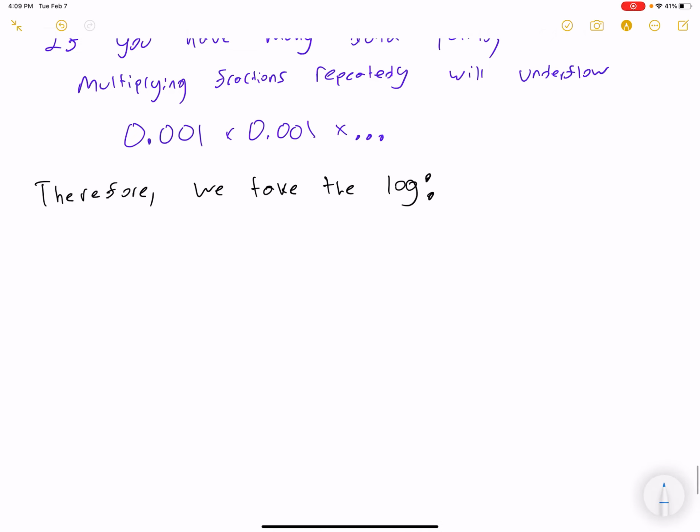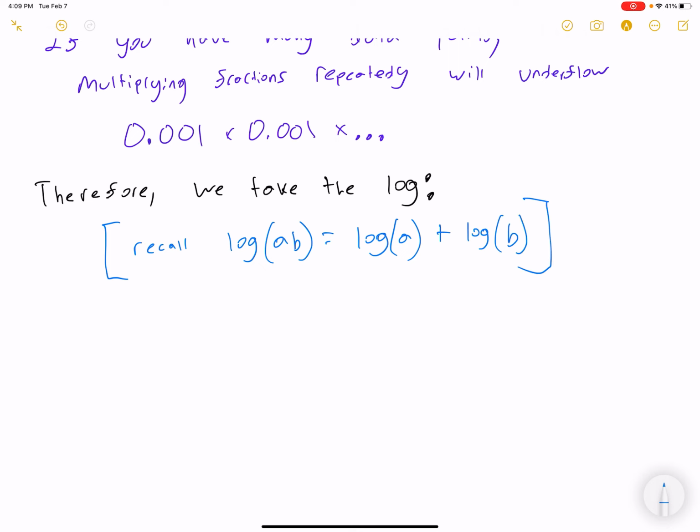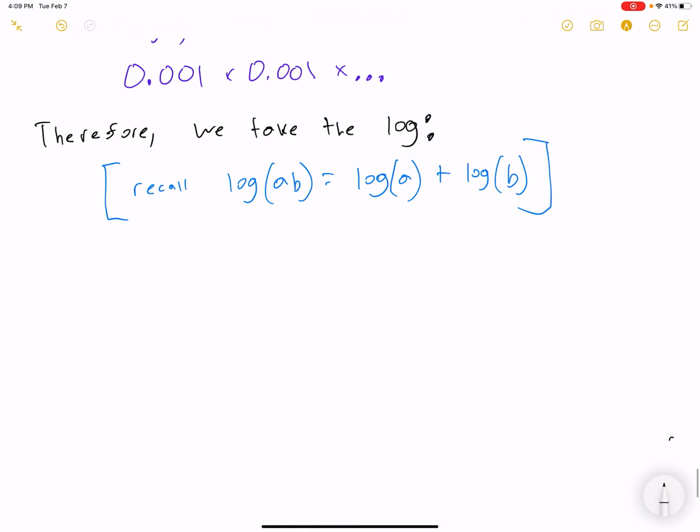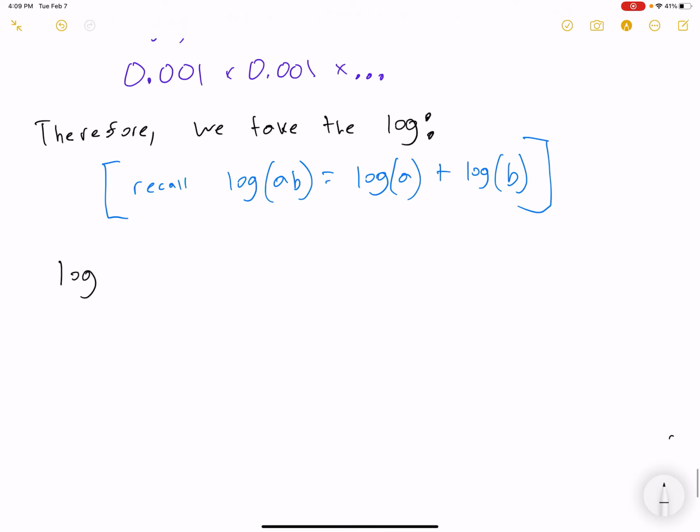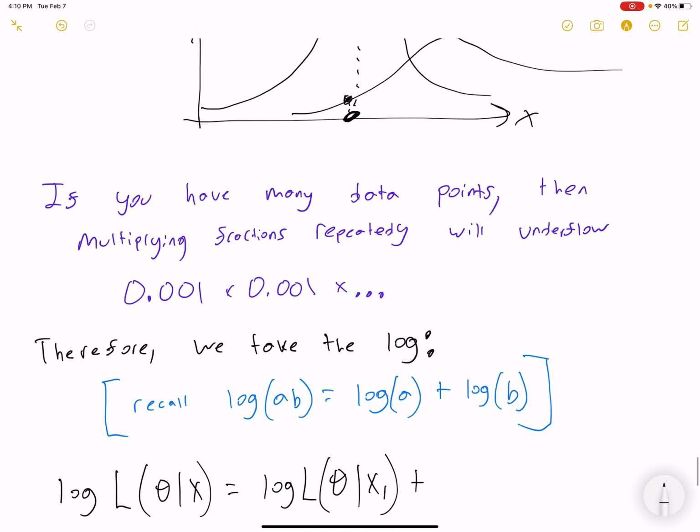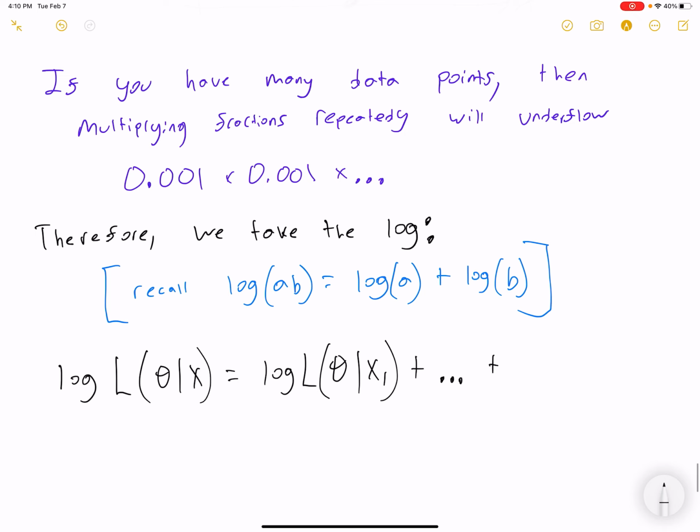And let's recall an algebra rule that the log of A times B is equal to the log of A plus the log of B. So the log of our likelihood is equal to the log of the likelihood of x1 plus dot dot dot plus log of likelihood for xn.